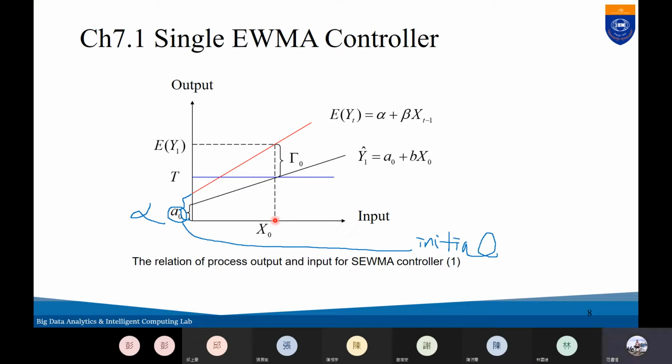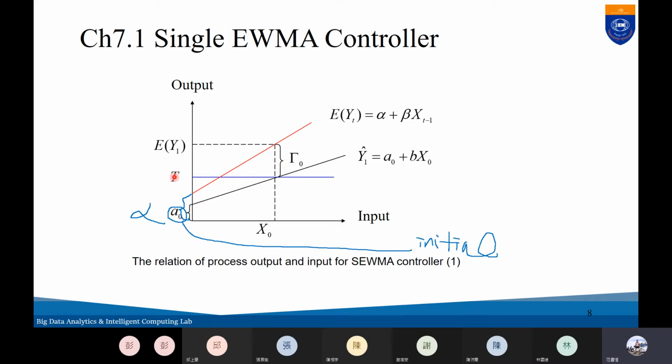However, when the system has been performed at this level, the output is right here. The white red line is the true response. So if this operates here, this is gamma 0, the initial estimate.